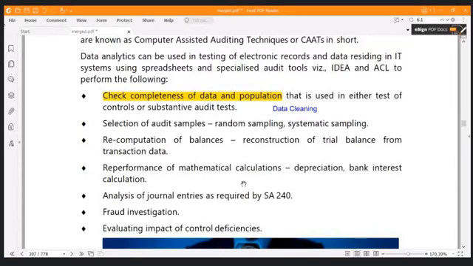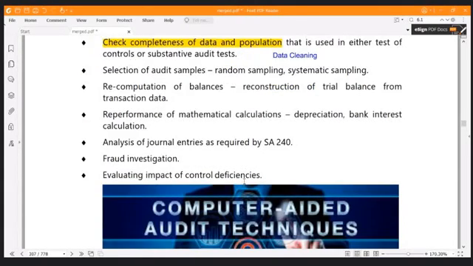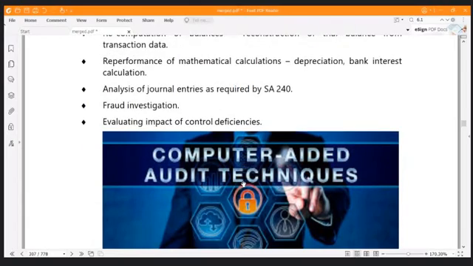Next, analysis of journal entries as required by SA 240. SA 240 is basically the fraud analysis. Then you have fraud investigation. Then you have evaluating impact of control deficiencies.